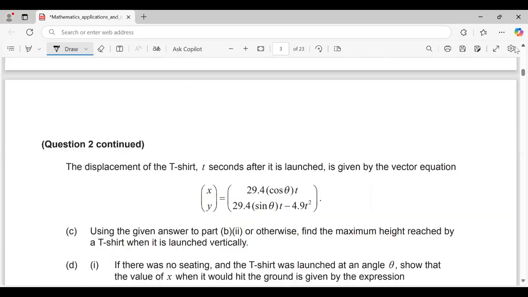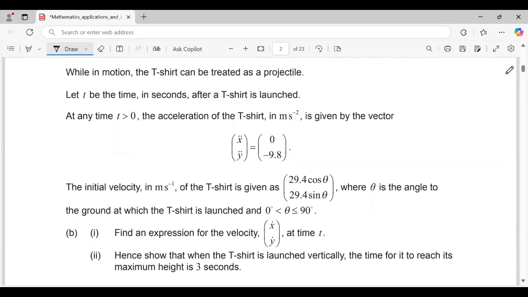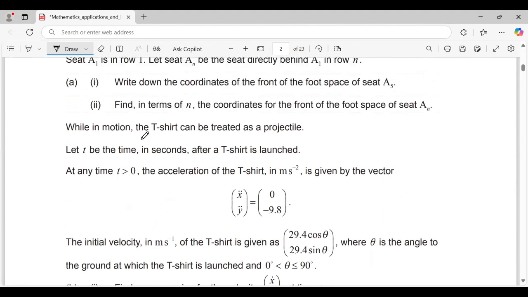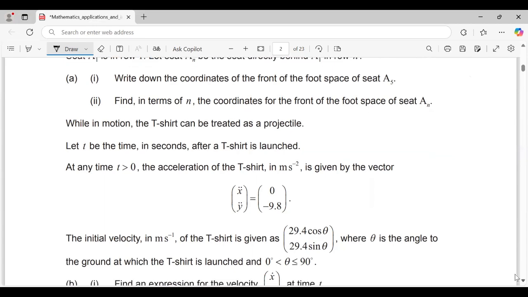Question B. While in motion, the t-shirt can be treated as a projectile. Let t be the time in seconds after a t-shirt is launched. At any time t greater than 0, the acceleration of the t-shirt in meters per second squared is given by the vector. This is the x acceleration and y acceleration.